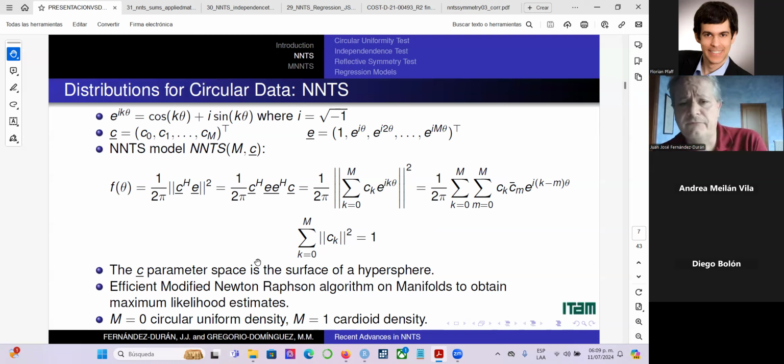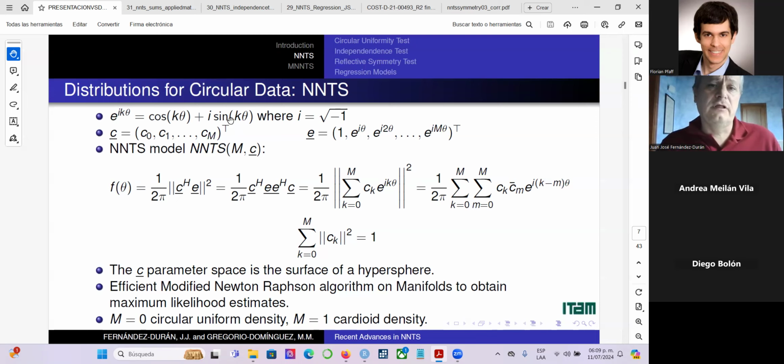That is going to give these models a lot of geometrical properties that can be exploited in the statistical analysis of circular data. We have created an efficient modified Newton-Raphson algorithm on manifolds to obtain the maximum likelihood estimates in this kind of models. And here the vector of parameters is represented by the letter C.